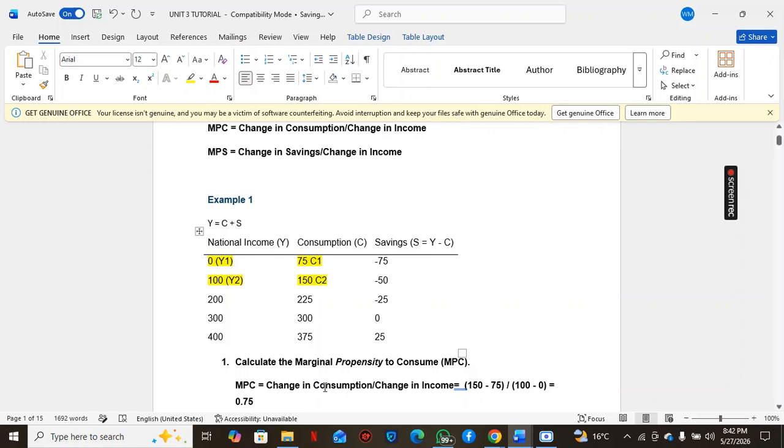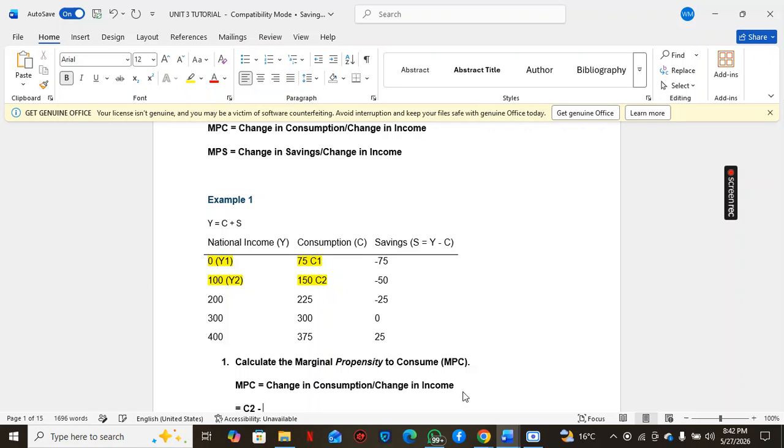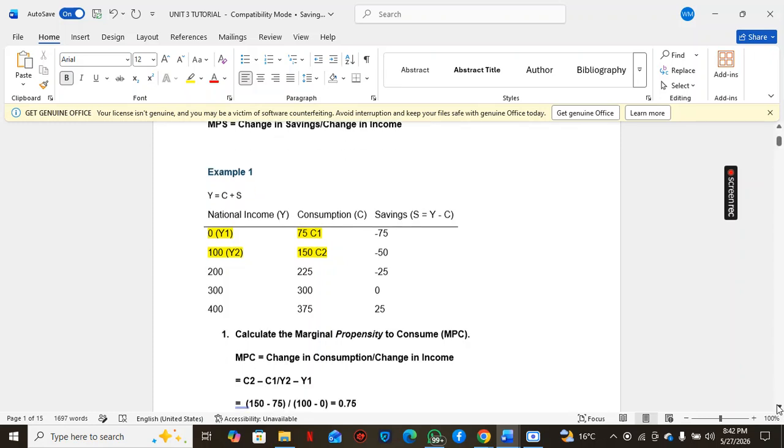So when we say change in consumption over change in income, what we're basically saying is C2 minus C1 over Y2 minus Y1.